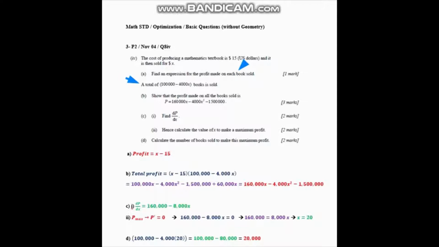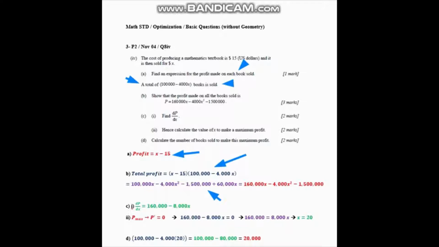So I shall simply multiply the expression I obtained in A, which is the profit per book, by the number of books which I've been given right there, getting this expression, and I shall expand using regular algebra, getting these 4 terms in purple right there.